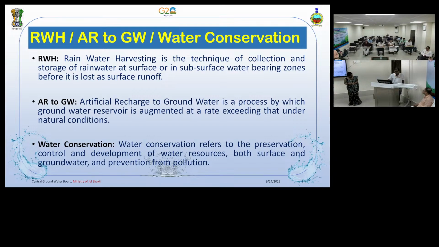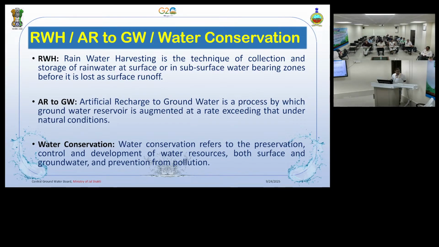So rainwater harvesting, artificial recharge to groundwater, and water conservation, three approaches we can follow to resolve our issues. Rainwater harvesting is the technique of collection and storage of rainwater at surface or in subsurface water bearing zones before it is lost as surface runoff. Where we go for surface or subsurface harvesting, I will come to later.